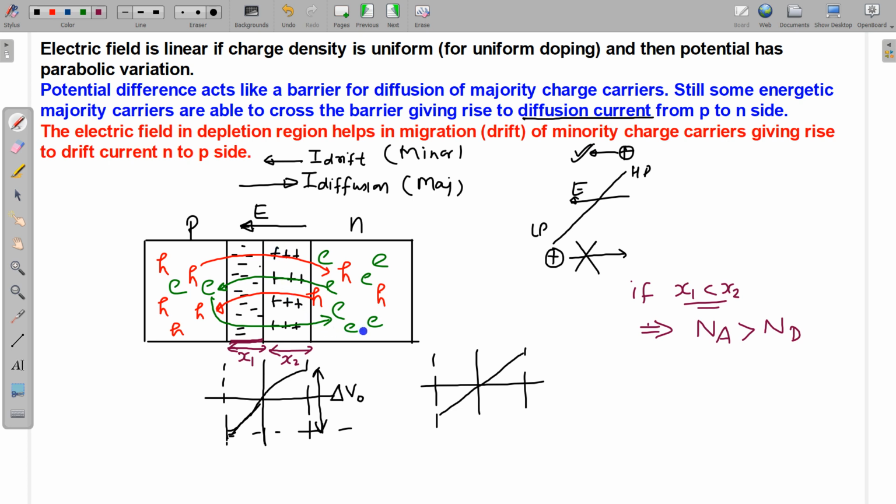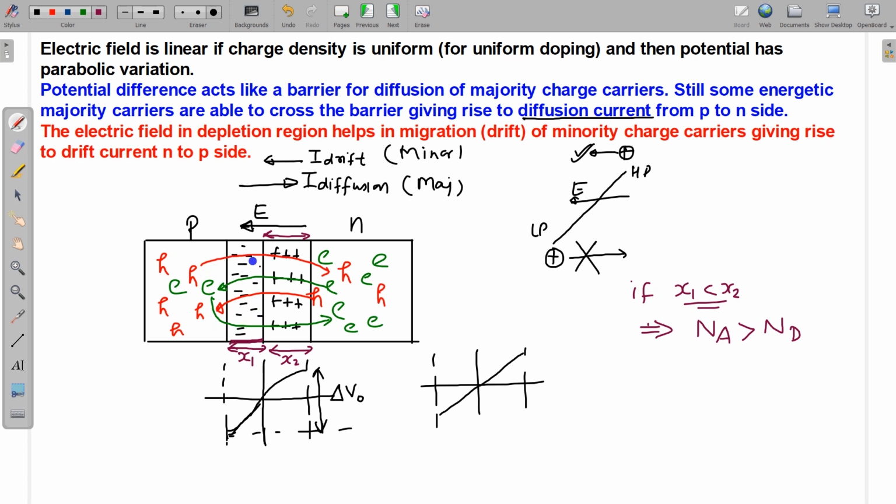And since this concentration, Nd, the donor atom concentration, is less, we have to have this width more than x1. In this larger width we will have the number of electrons required for recombining with these holes.